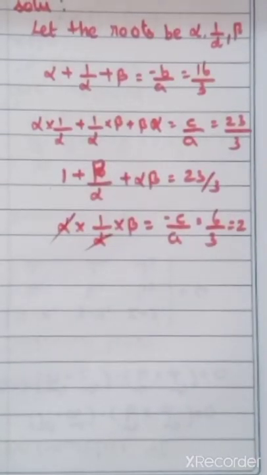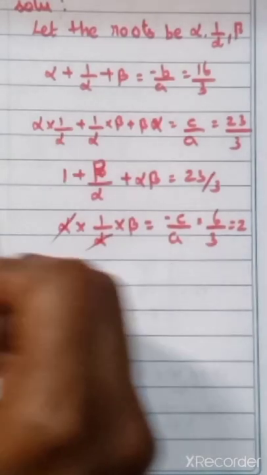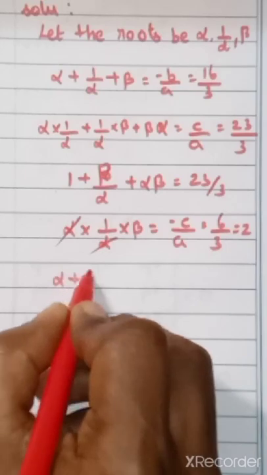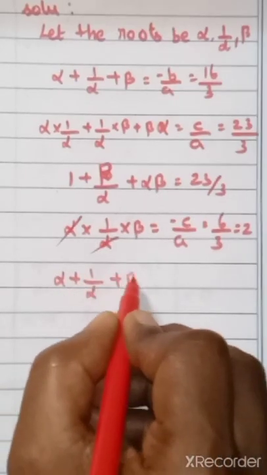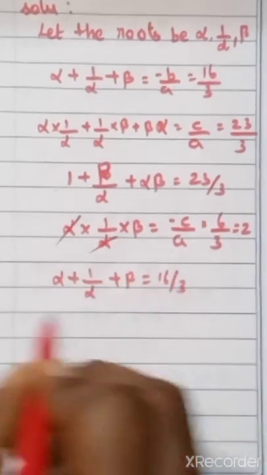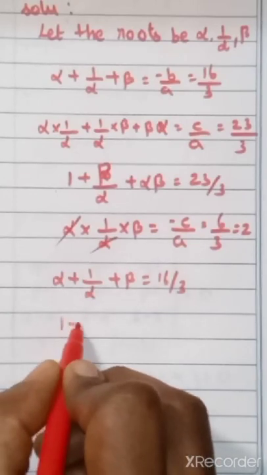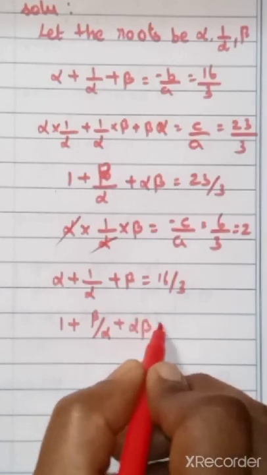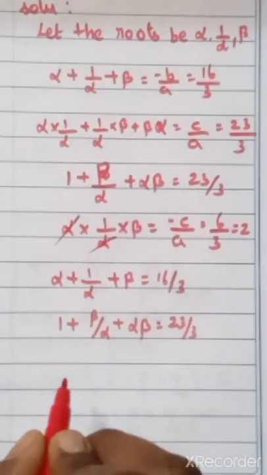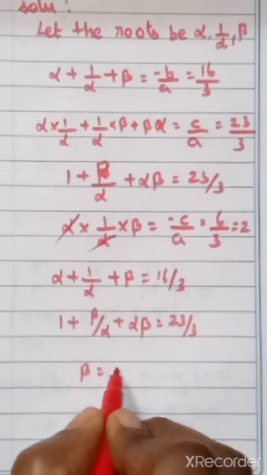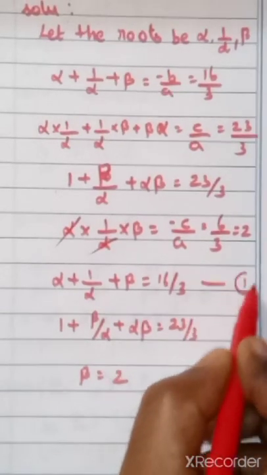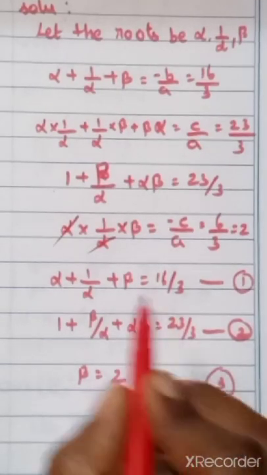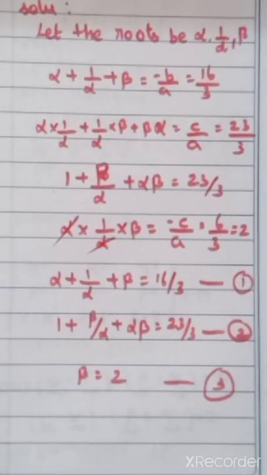Next, use your formula. Now, we one more time I'll write it in the clear form. Alpha plus 1 by alpha plus beta, answer is 16 by 3. Next, 1 plus beta by alpha plus alpha beta equal to 23 by 3. Next, beta equal to 2. So this is your equation 1, 2, 3. Now, in the beta we substitute pannamna, can we find out the alpha value?